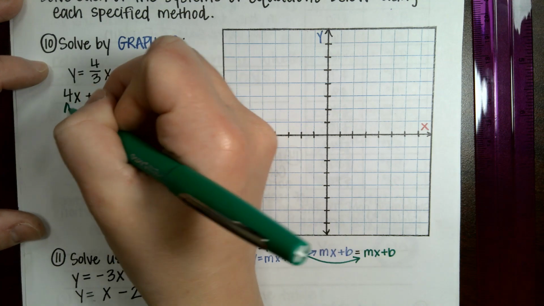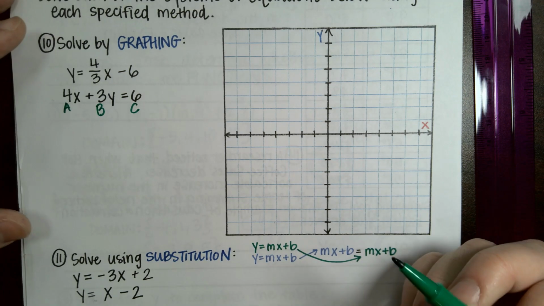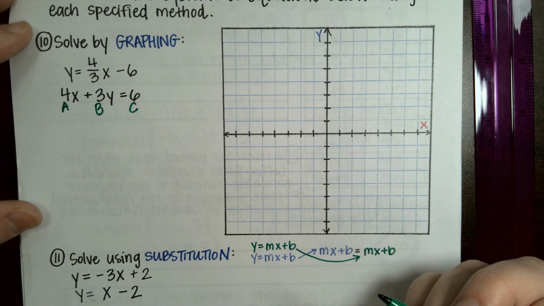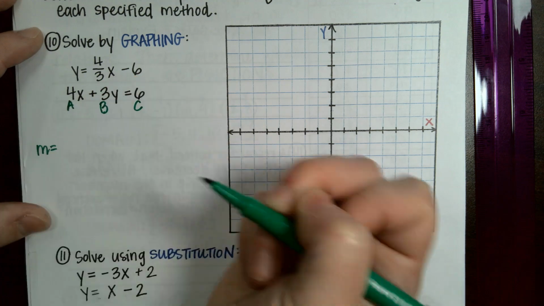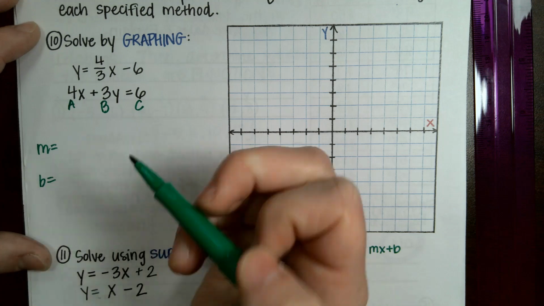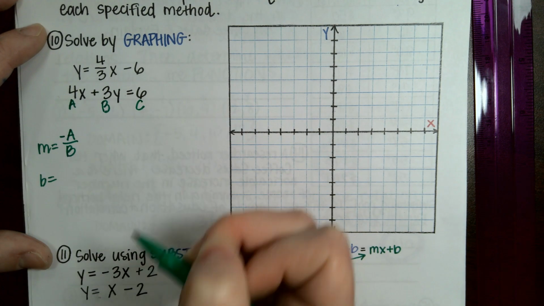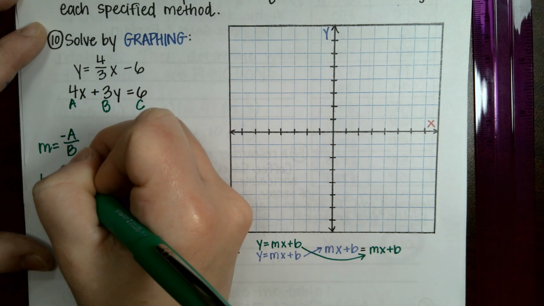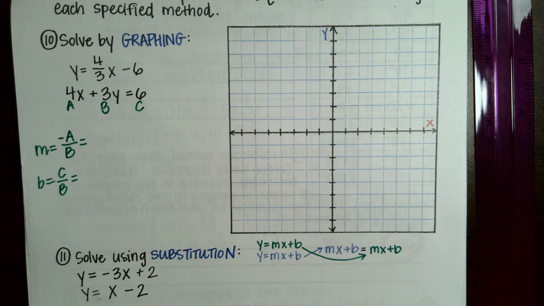So I have an A value, a B value, and a C value. So remember to find our slope and our y-intercept, we're going to use A, B, and C. Our slope is negative A over B. And our y-intercept is C over B. So what is our slope going to be?